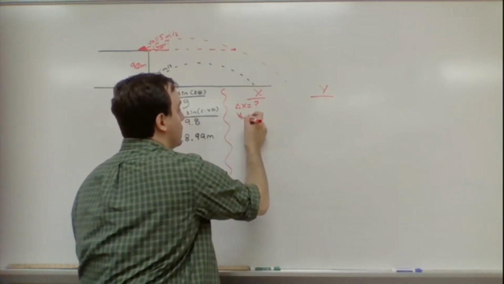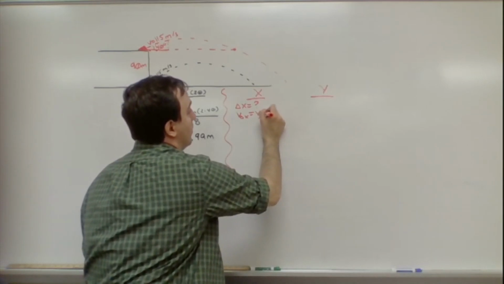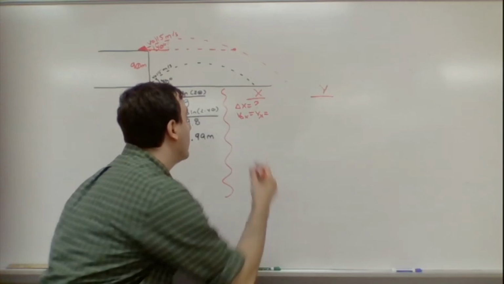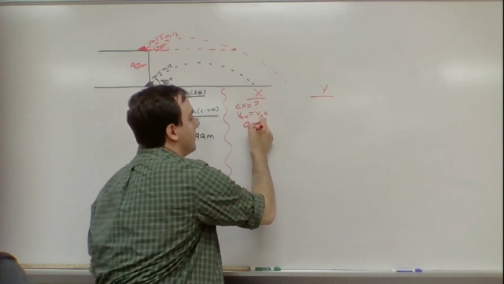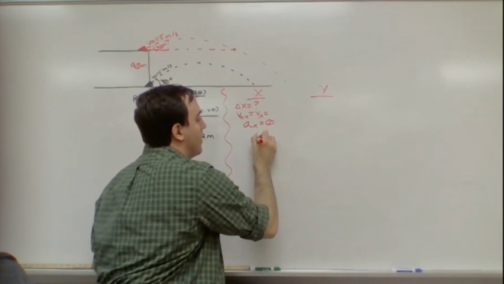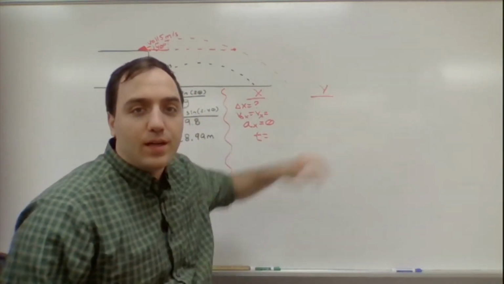We know that our v initial x will equal our v final x, which will equal something. We'll be able to split this up and get that. We know that our acceleration in the x direction will be 0, but we don't know the time currently. We'll have to get that from over here.